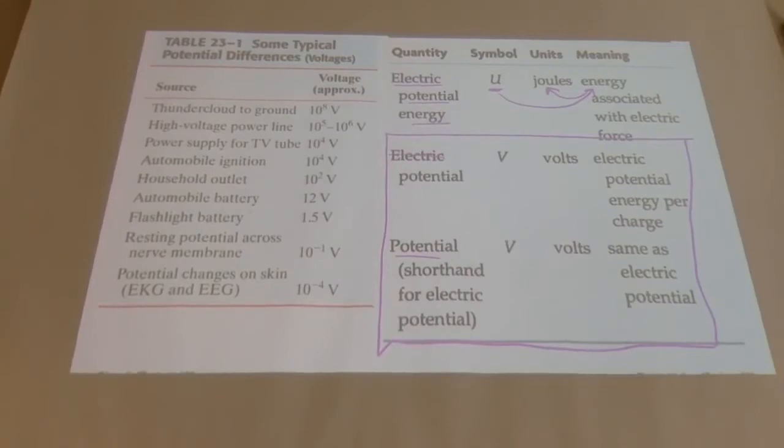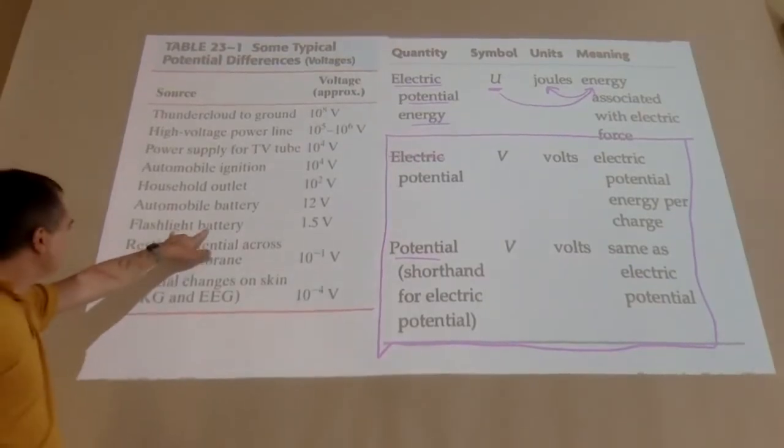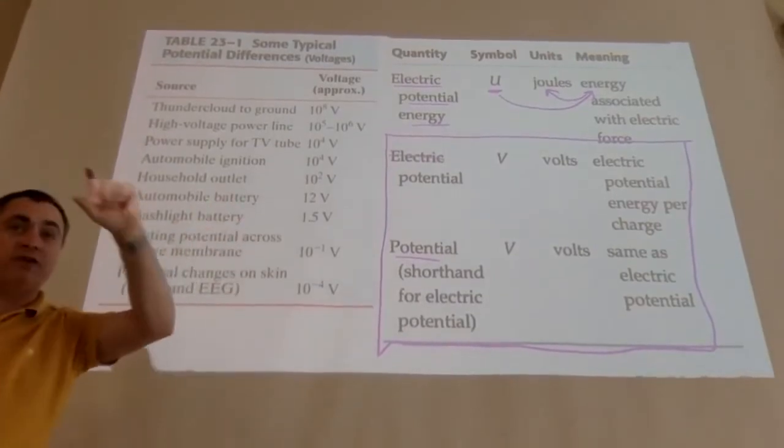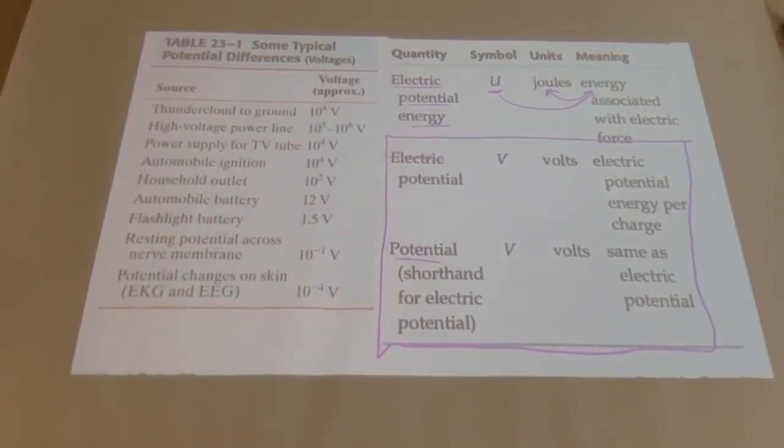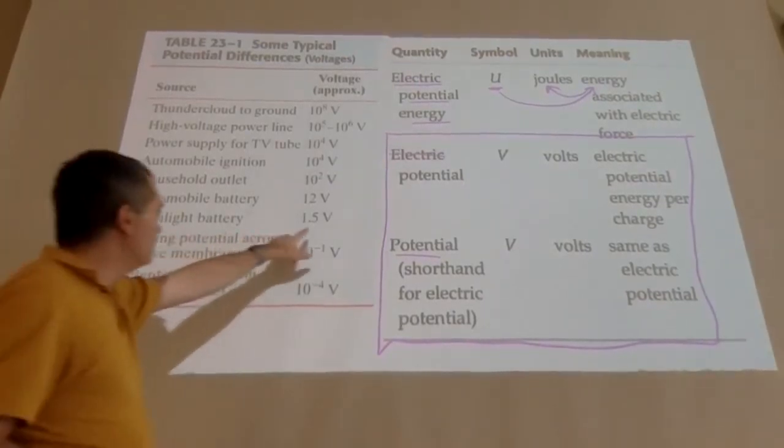Just in case you care a little bit, here are potential differences that exist throughout the world, to give you a feeling for what a volt is and where those things are experienced. A flashlight battery is built such that there is a difference of potential between one end of the battery and the other end, which is typically about 1.5 volts.